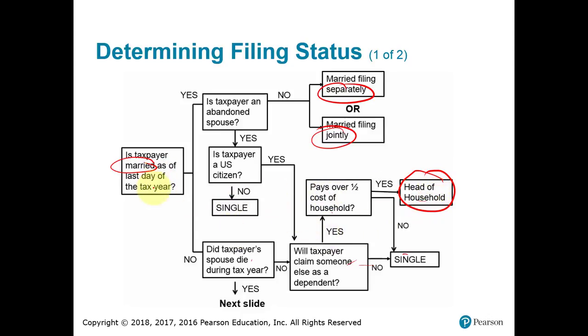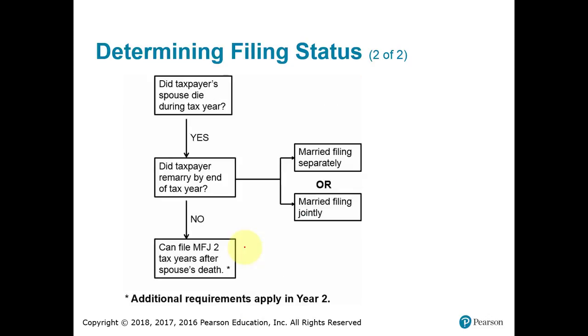Let's go back to the question here. Were you married at the end of the year? And we say no. So the next slide is kind of misleading here. Now, did the taxpayer's spouse die during the year? If we say yes, in the year of death, our surviving taxpayer can file married filing joint or separate. And again, mostly joint is the better way to go.